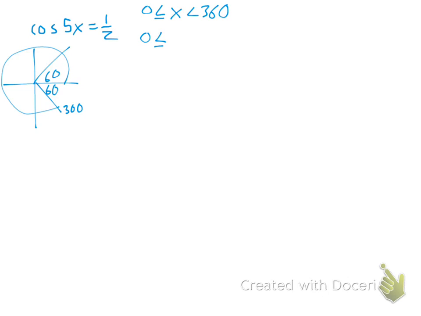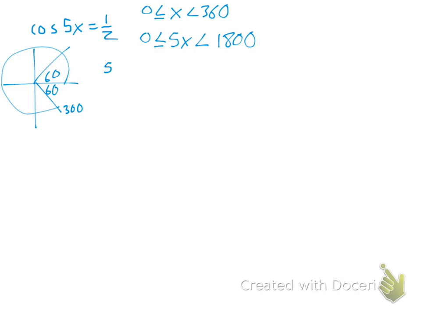So 0 is less than or equal to 5x, which is less than 1800. How many times extra am I going to go around the circle to find my answers? 4 times more. So 5 total, but 4 extra times.